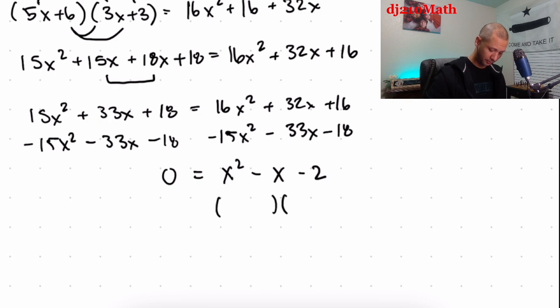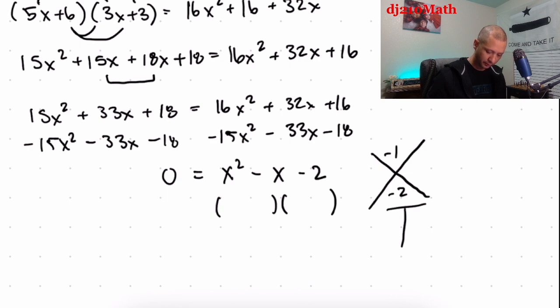We're going to factor: two numbers that multiply to make negative 2 and add up to negative 1. If you use whatever method you like. So we have 1 and negative 2. I feel like that's it. Negative 2 times 1 is negative 2.